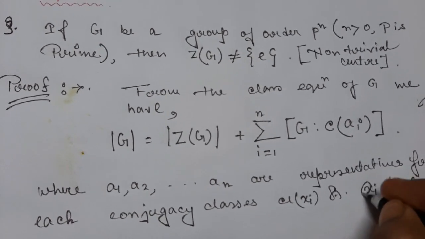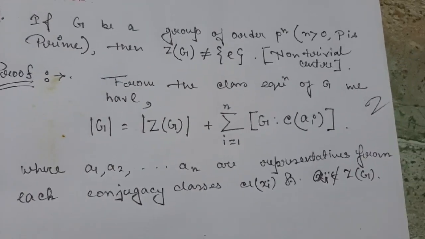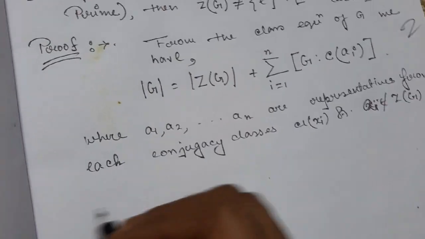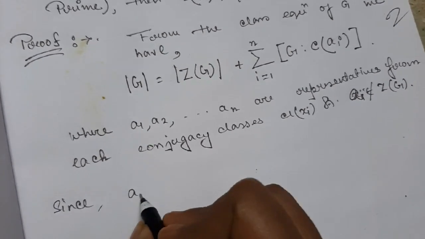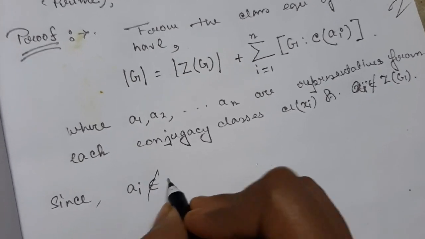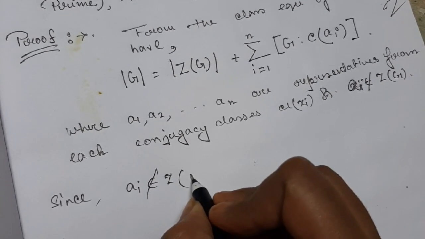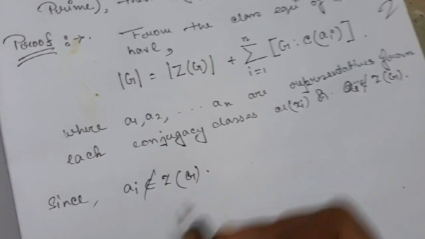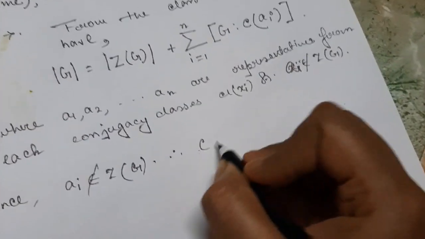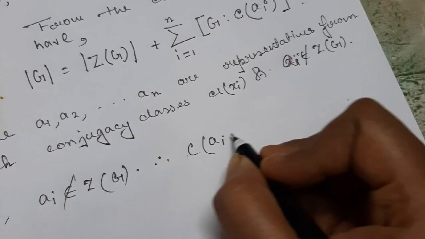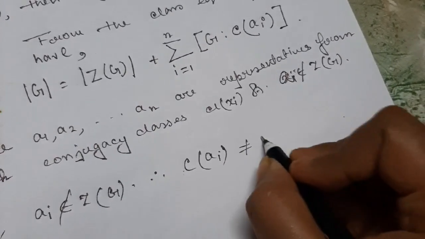Now come to the main portion. Since Ai does not belong to ZG, therefore C of Ai, that means the centralizer, is not equal to G.